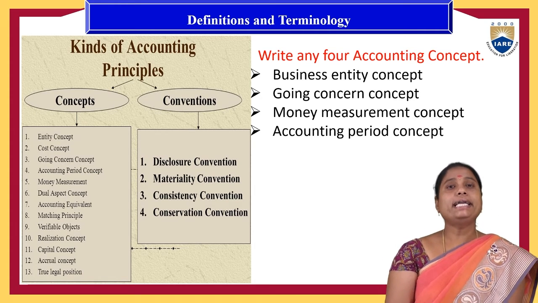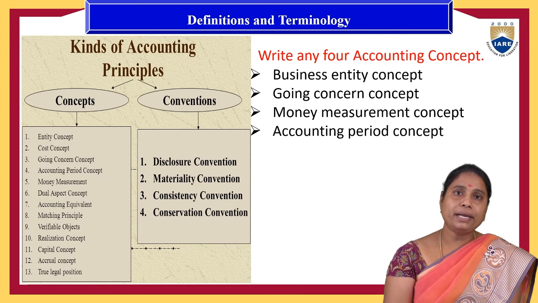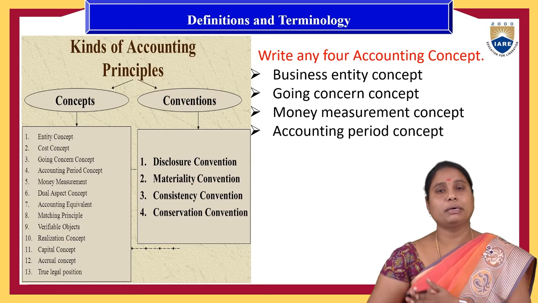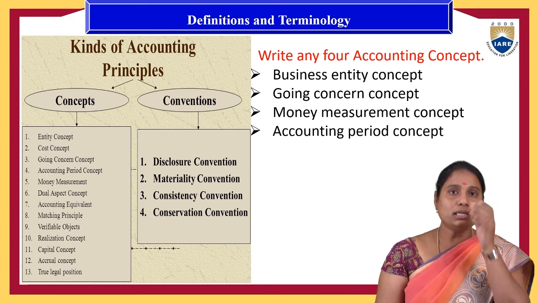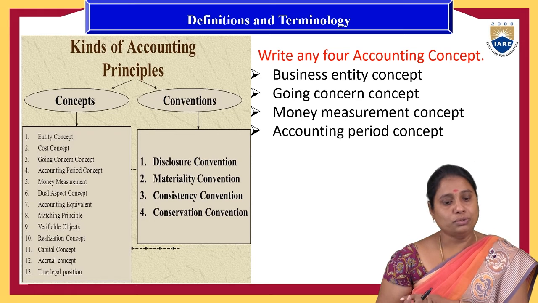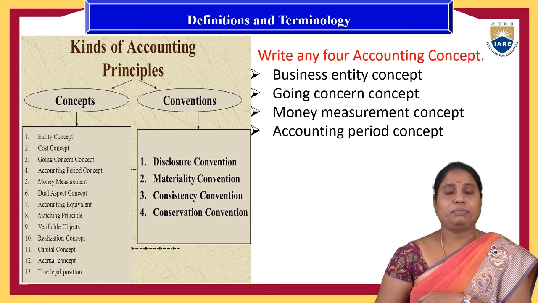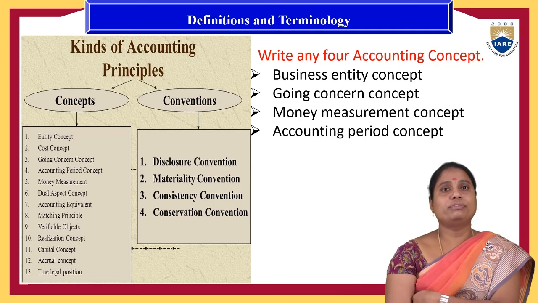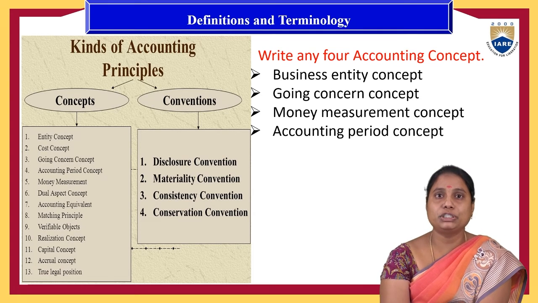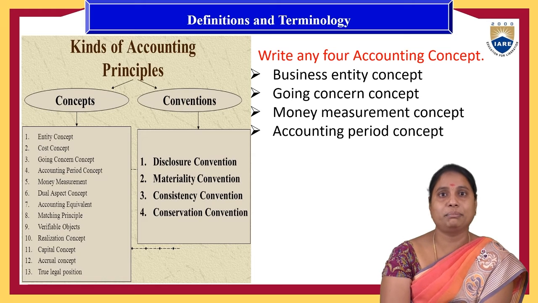That is entity concept. Business is separate, organization is separate, and the owners are separate, so that the owner might change, but the business name will continue. And cost concept: everything must be in terms of their expenditures. And going concern concept: the organization is going to run on a long-run basis.